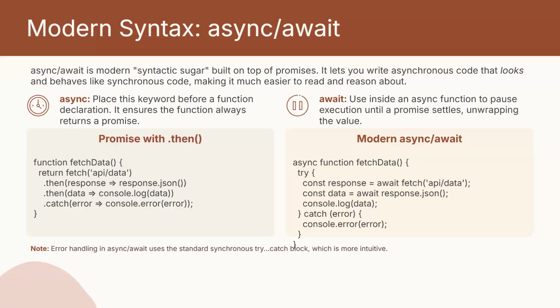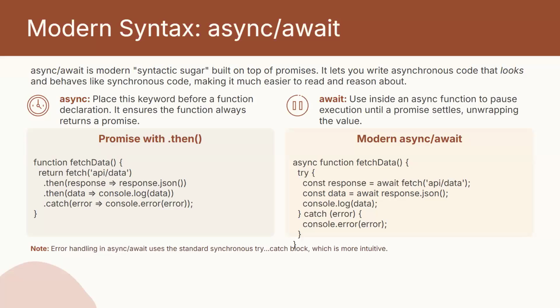If you take a look at the left side of the slide, that's the old way using the then method. You can see there's a chain of callbacks that can get a bit cluttered if the function's complexity expands. On the right side, you can see the async await version of the code. Notice how much cleaner that looks. There's no chaining and no nested callbacks.